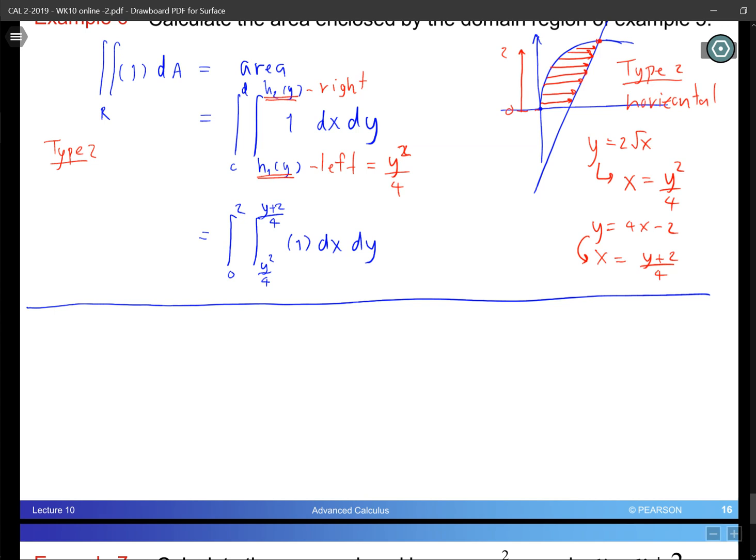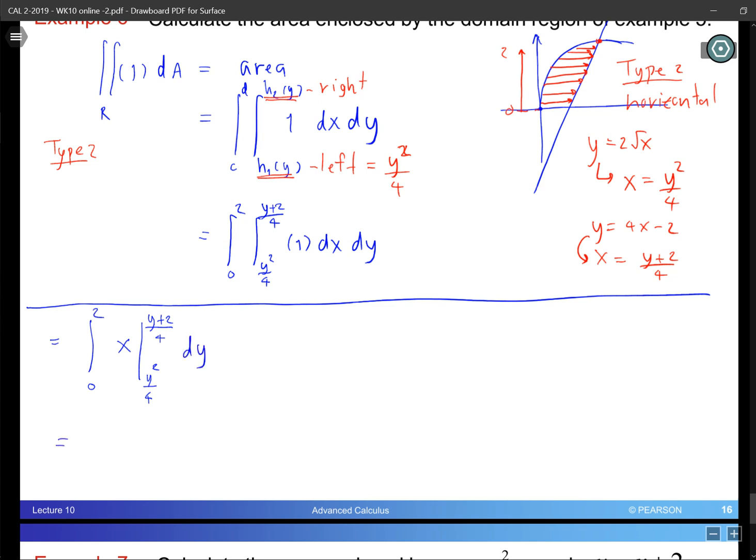So this is going to be equal to, integrating 1 with respect to x, this becomes x. We have to evaluate this at two values, y squared over 4 and (y plus 2) over 4. And then we still have to integrate this with respect to y from 0 to 2.